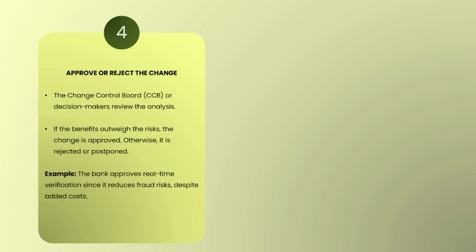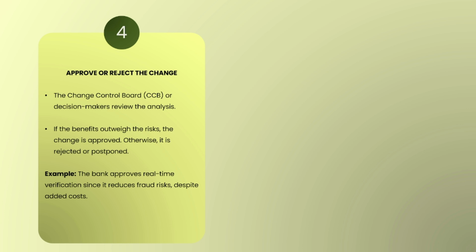So with respect to our example, the bank approves real time verification since it reduces fraud risk despite added cost. What the bank is thinking is that it's fine that our cost is increasing, because the output is that it reduces the fraud risk, meaning the loan default risk we are talking about is decreasing.